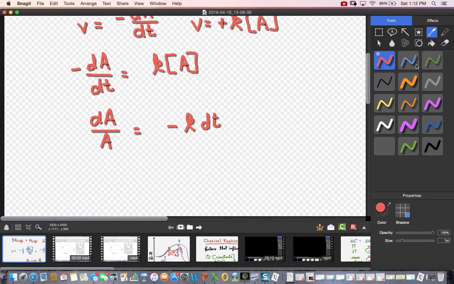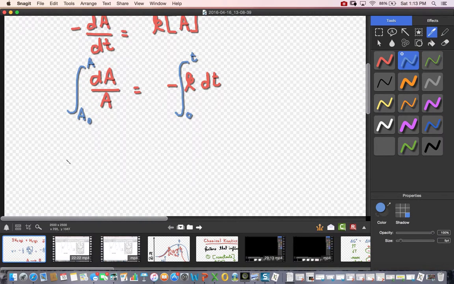And I can integrate this over the interval of the initial concentration to the final concentration, and on the other side of the equation, from time equals 0 to time equals t.